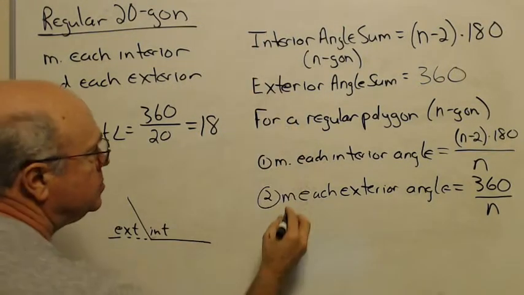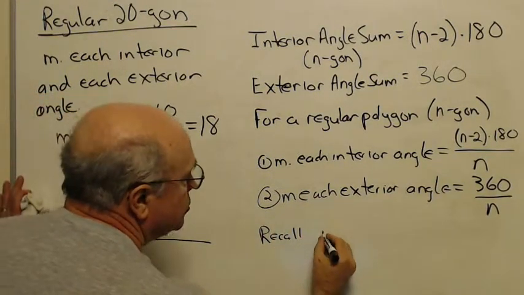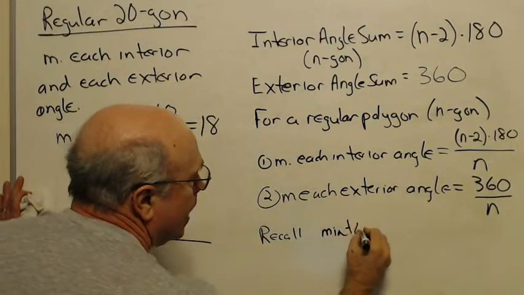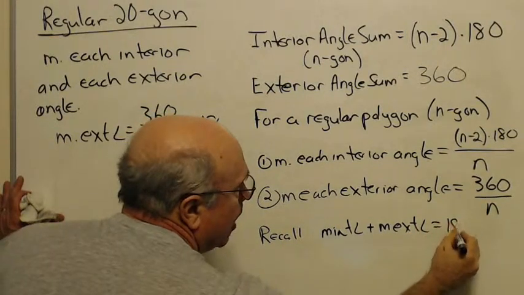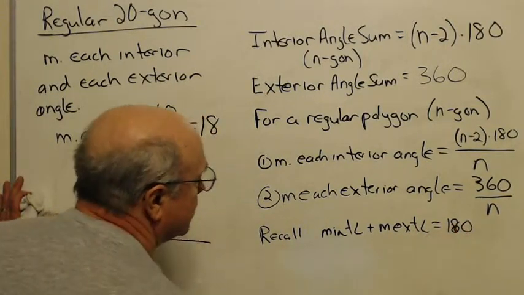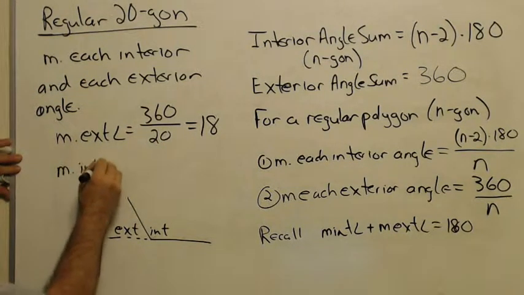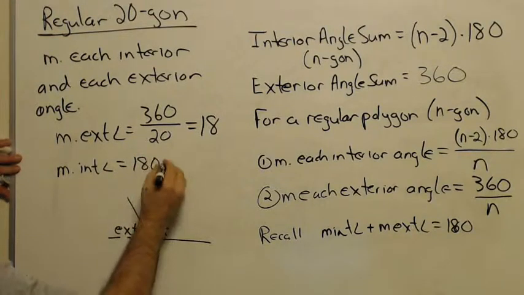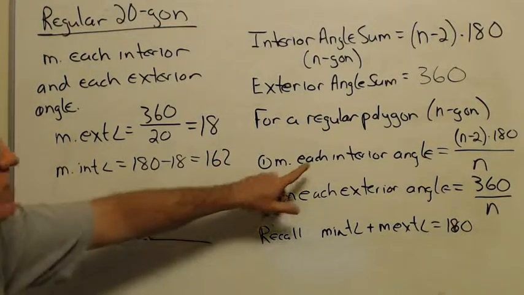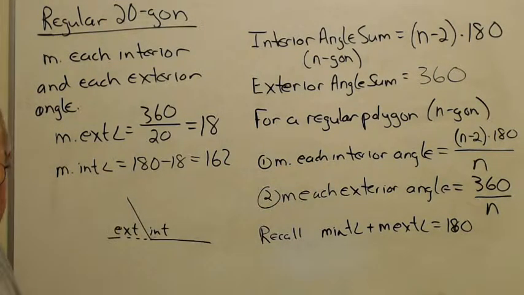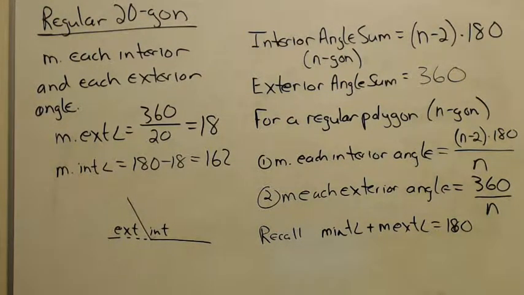So along with this stuff, just recall that the measure of an interior angle plus the measure of an exterior angle always has to add up to 180 because they form a linear pair. So if I've got that guy, that means the measure of the interior angle is going to be 180 minus 18. Each interior angle is 162 degrees, and I never had to use that formula, which is a little more complicated to begin with. Okay, so these are all of our big facts for section 8.1.